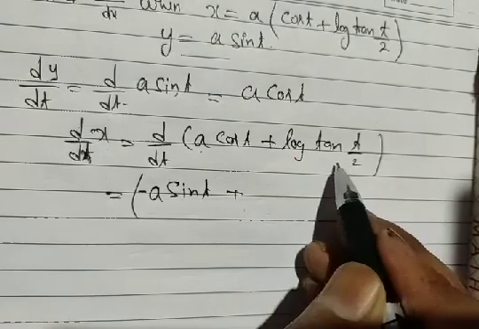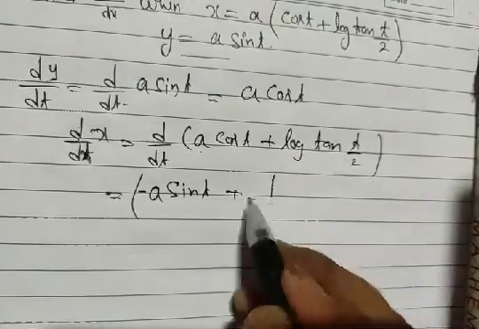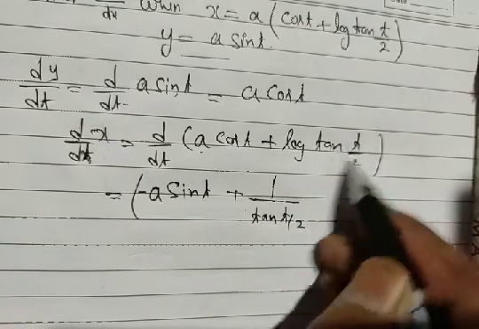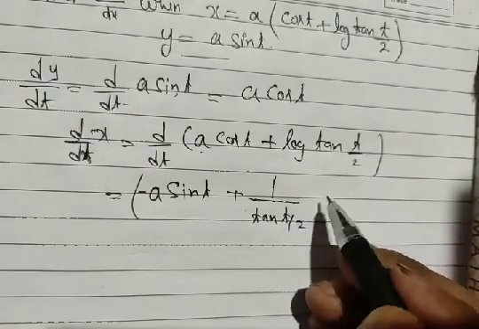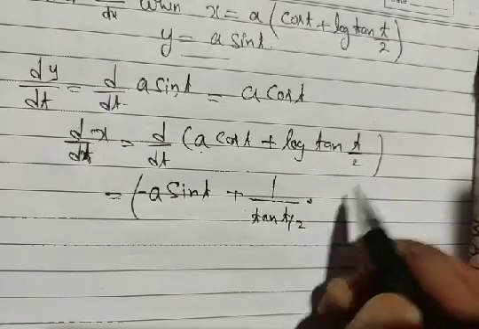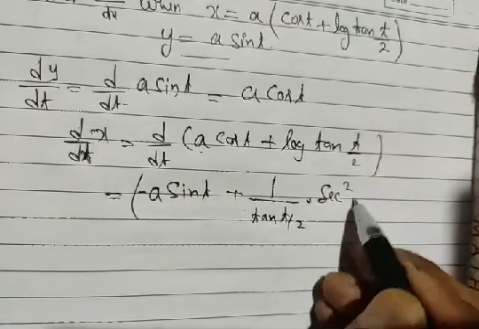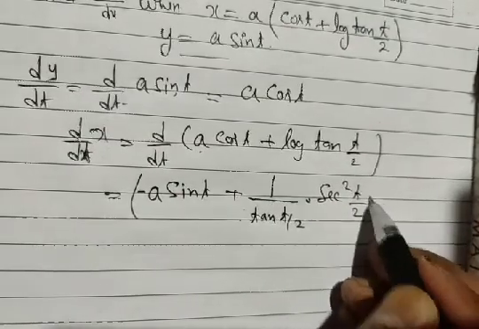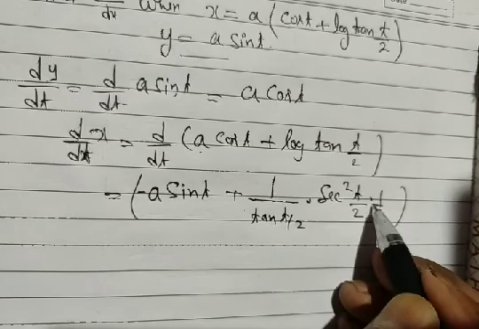plus it's a log x type, then d/dx of log x is 1/x, but we assume the whole to be x, then again by using chain rule we have to get the derivative of tan(t/2). The derivative of tan(t/2) is sec²(t/2), then again we have to find the derivative of t/2, then we get 1/2.